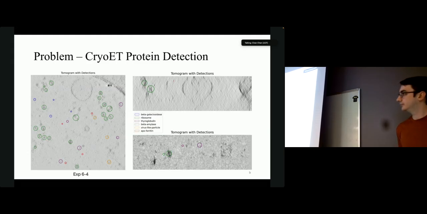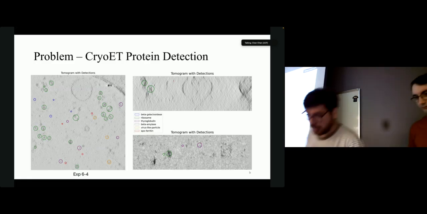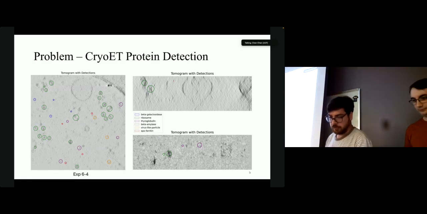This makes the problem pretty hard because proteins look pretty similar to each other, but also you have things that you should not classify. To classify them, you need to understand the actual local context. This is probably something we did not easily realize before starting our problem, but maybe we can talk about that later.